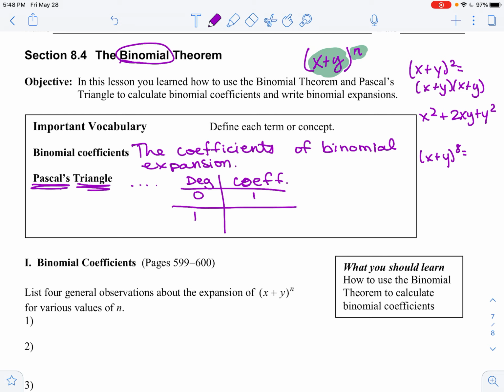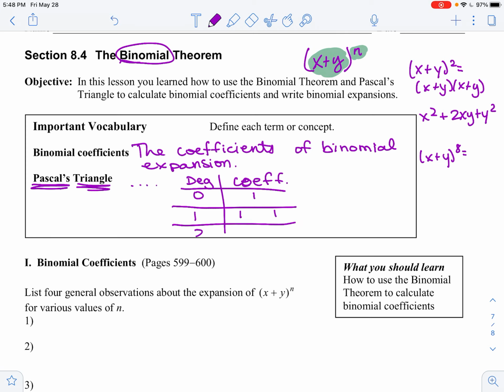Well, if the degree is 1, we're going to have this triangle of 1s here. So every term is 1, because if it's binomial, x plus y to the 1, we have a coefficient of 1x plus 1y to the 1 power.